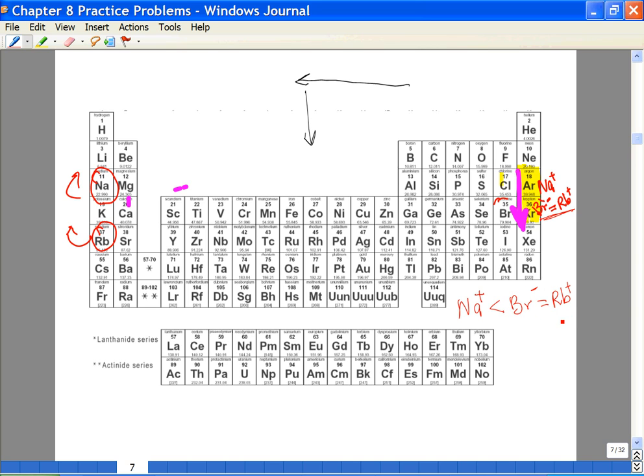The bromine anion and the rubidium cation are equal, but both of these are larger than the sodium cation. All right, so that's how we would approach looking at those types of problems.